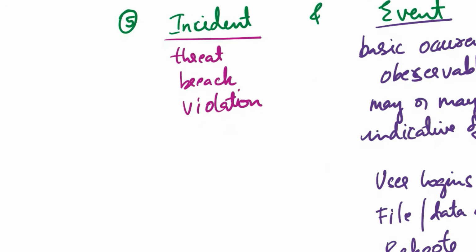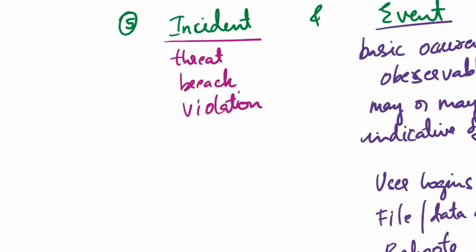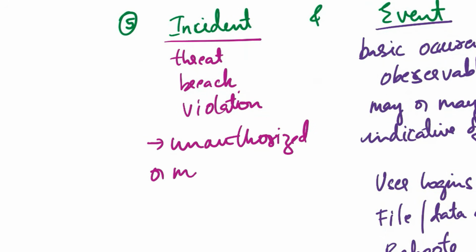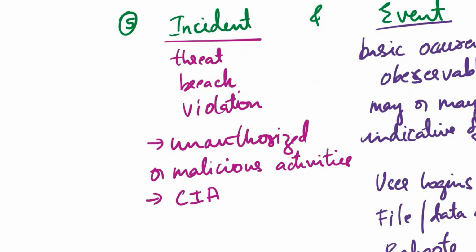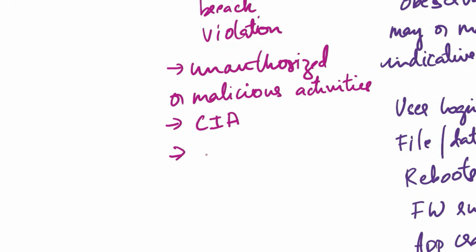Some of the key characteristics of security incidents include that they involve unauthorized or malicious activities. They pose a risk to the confidentiality, integrity, and availability of data or systems. They may require immediate attention or a formal response from the organization's security team.